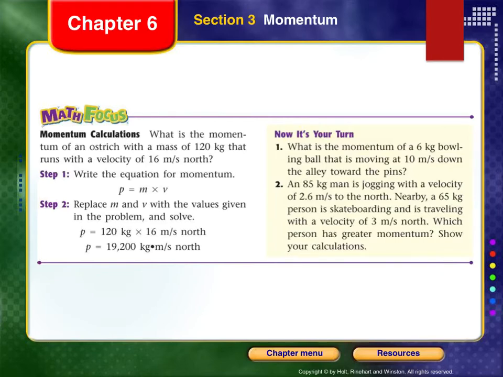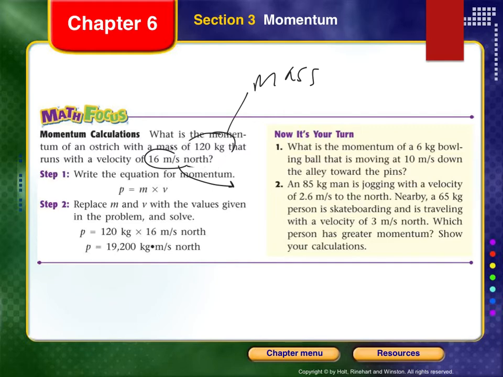So to calculate momentum, just pretty much the easiest equation you could do. Okay, take a second, look at the example here. We're just multiplying the mass by the velocity. Okay, and notice the velocity has a direction with it, right? North.